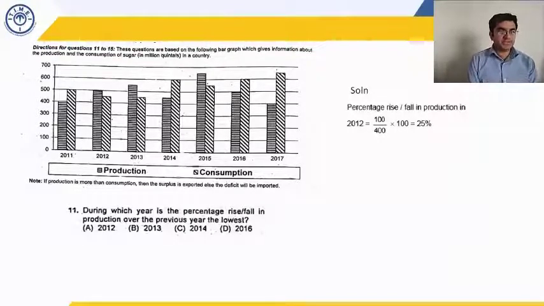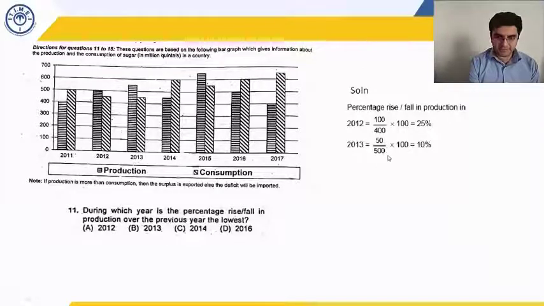Okay, now let's go to 2012-13. Sorry, in 2012, production is 500. In 2013, the production is 550. So 500 goes to 550. So that means the change is 550 minus 500. 50 units divided by 500 into 100, that is 10%.